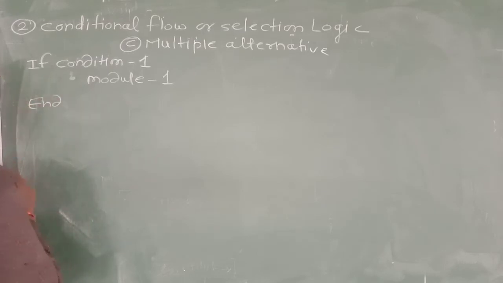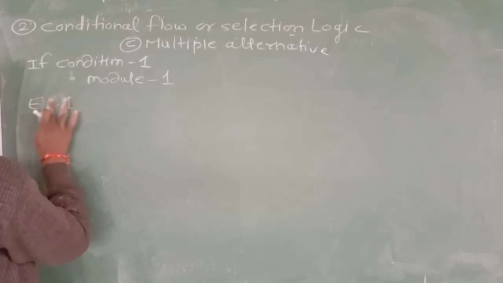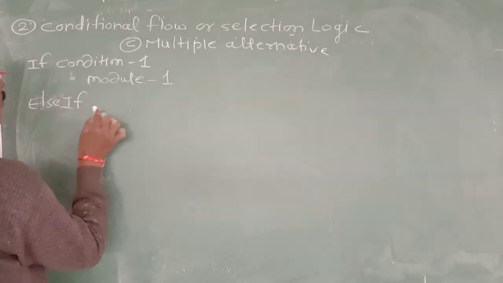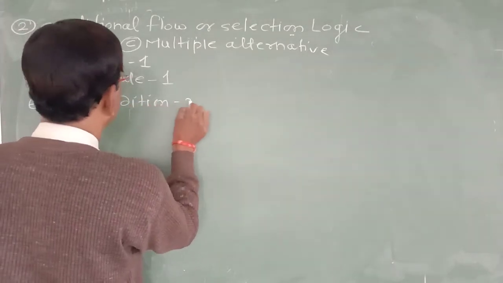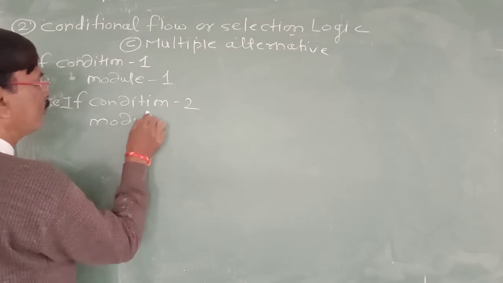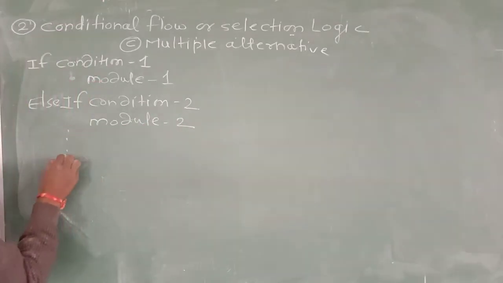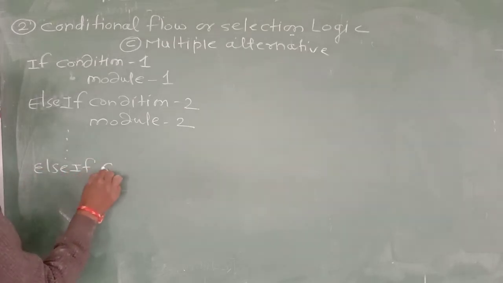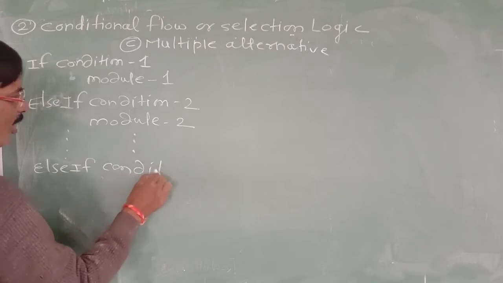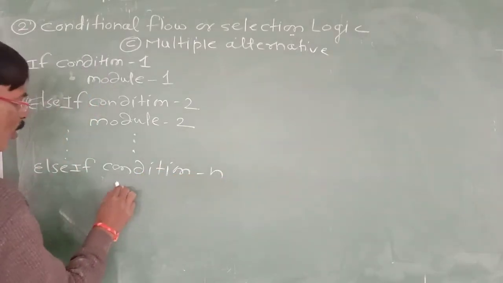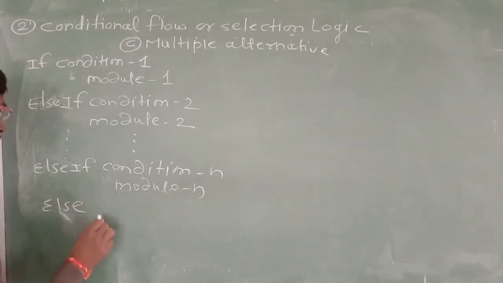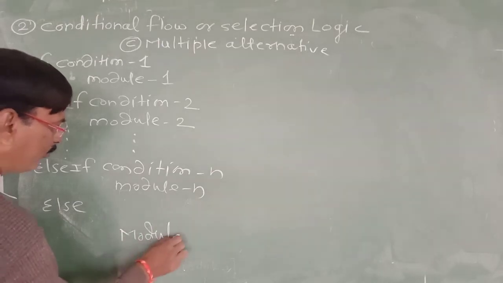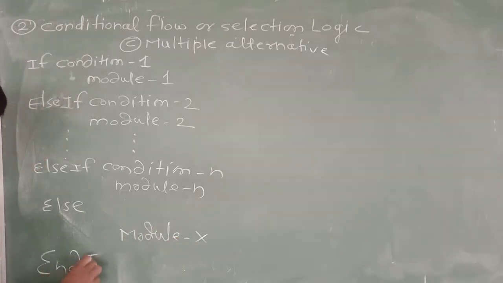But if the condition is false, then else if condition 2, module 2. Like this, else if dot dot dot condition n, module n. Else there will be a last module X. And then there will be end.